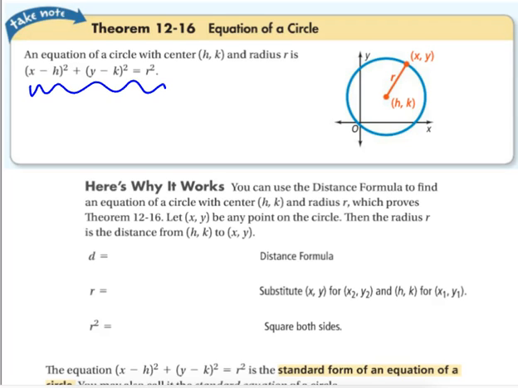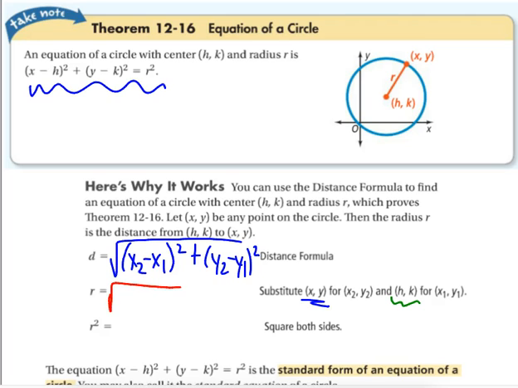Well, let's look. We start with the distance formula here. Remember, that's the square root of (x2 minus x1) squared plus (y2 minus y1) squared. Then they tell us to substitute in x, y for x2, y2, and h, k for x1, y1.